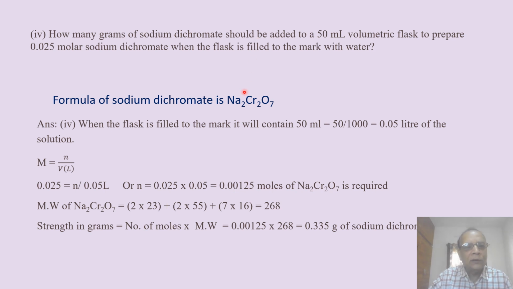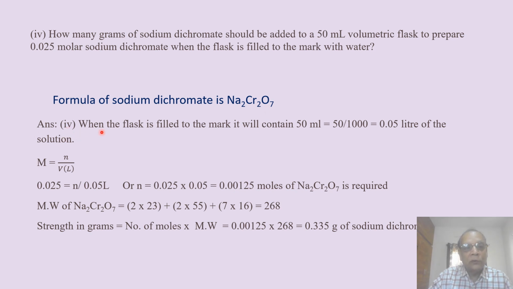But anybody in grade 12 who is going to answer CBSE must know the formula. There cannot be any excuse for not knowing the formula of the substance given here. The other things, atomic weight and so on, will be given, so the calculations can be made from them. The formula of sodium dichromate is Na2Cr2O7.